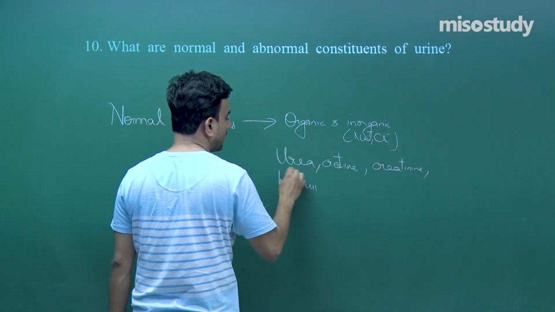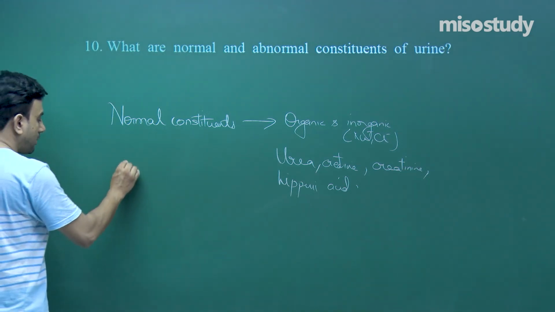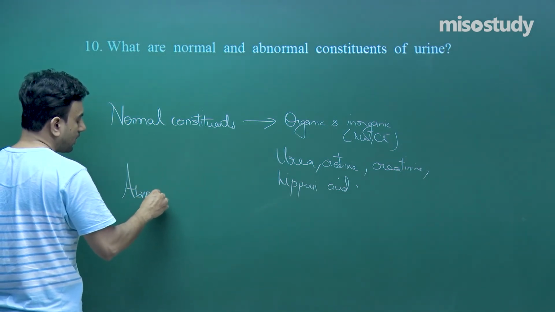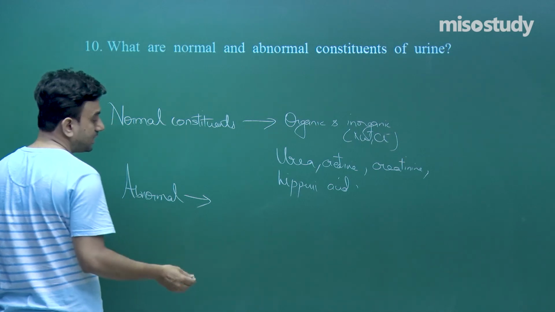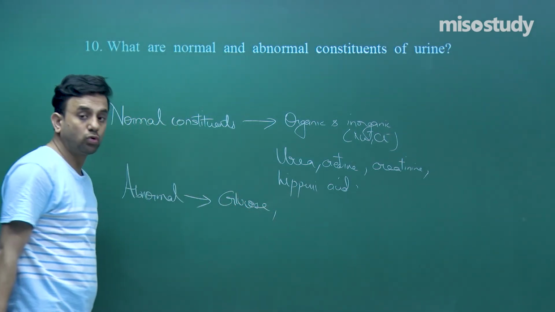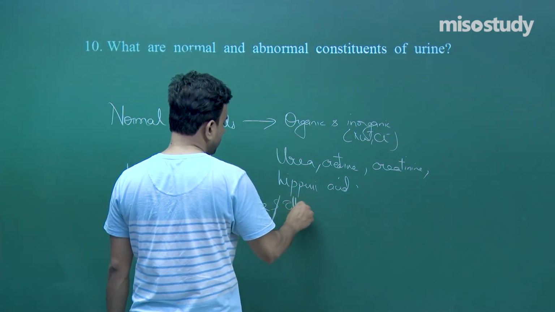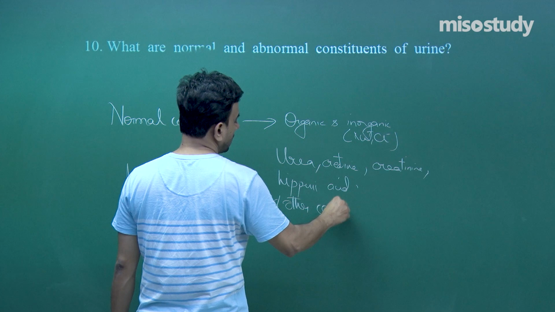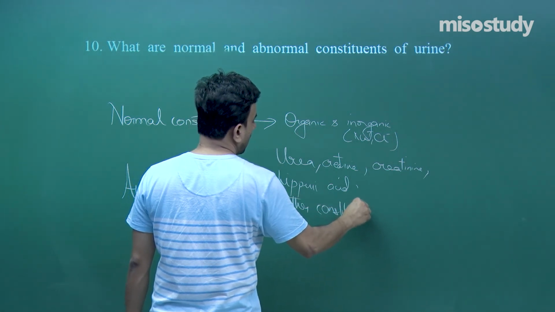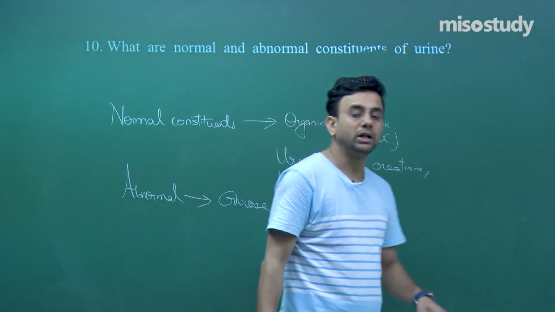When we talk of the abnormal constituents, there is glucose and other constituents, and anything above the normal constituent would be abnormal in the urine.